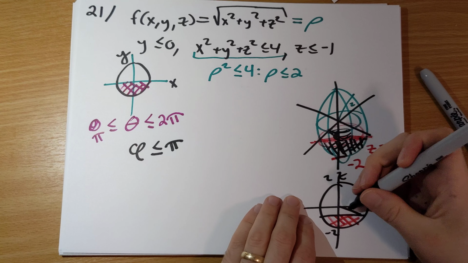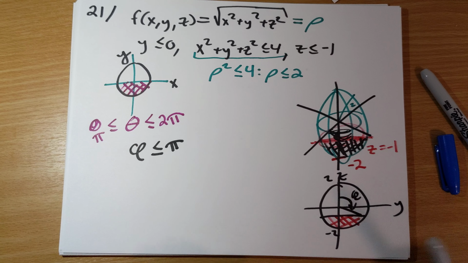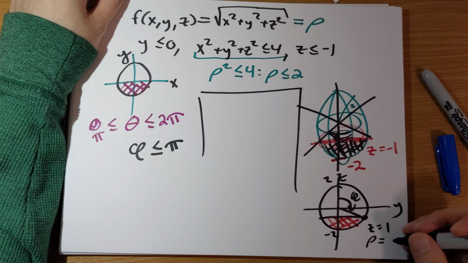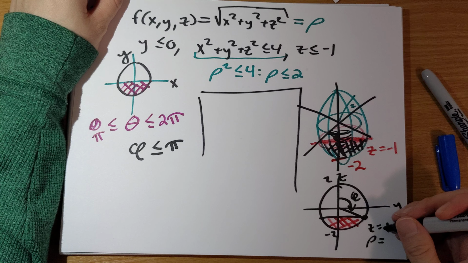And the smallest phi can be corresponds to this angle right here. What is this angle? Well, this point right here has z equal to -1 and rho equal to 2. But we know that z is equal to rho cosine phi. So -1 is equal to 2 cosine phi at this angle here.